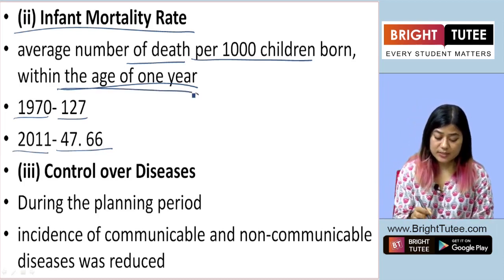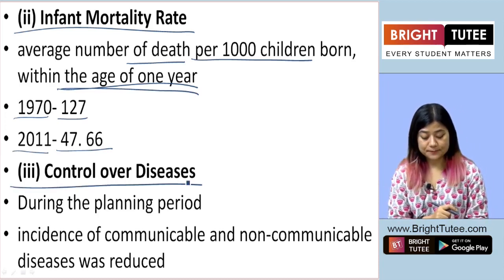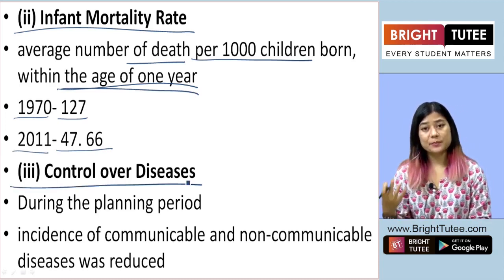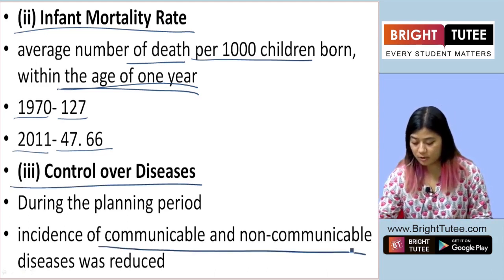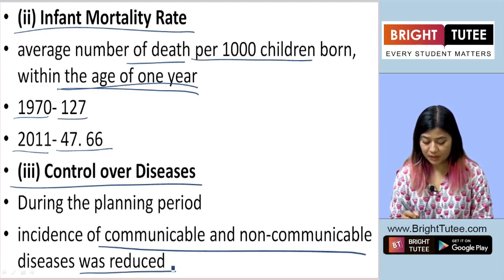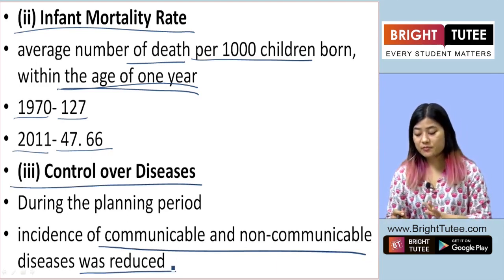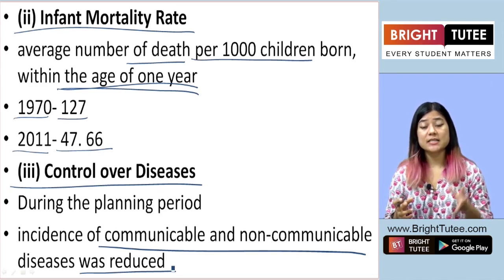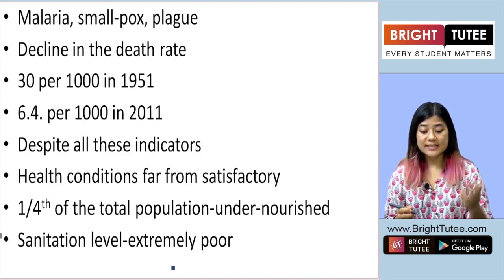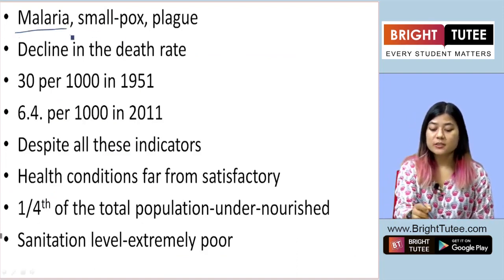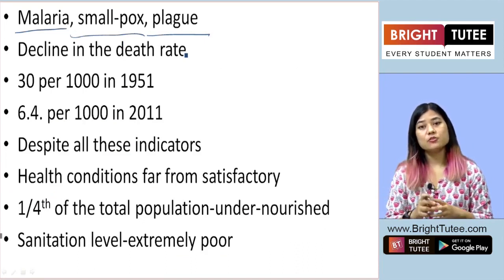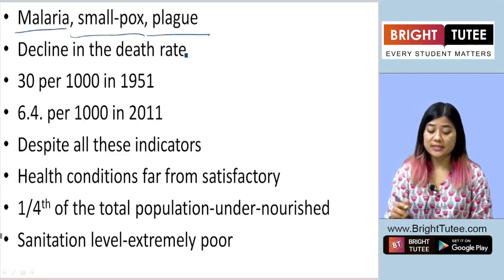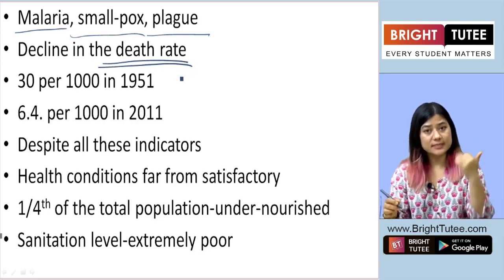The third is control over diseases. During the five-year planning period, the incidence of communicable and non-communicable diseases was reduced. They were prevented and controlled. These diseases were malaria, smallpox, plague, etc. With the control of these diseases, the death rate of people declined.